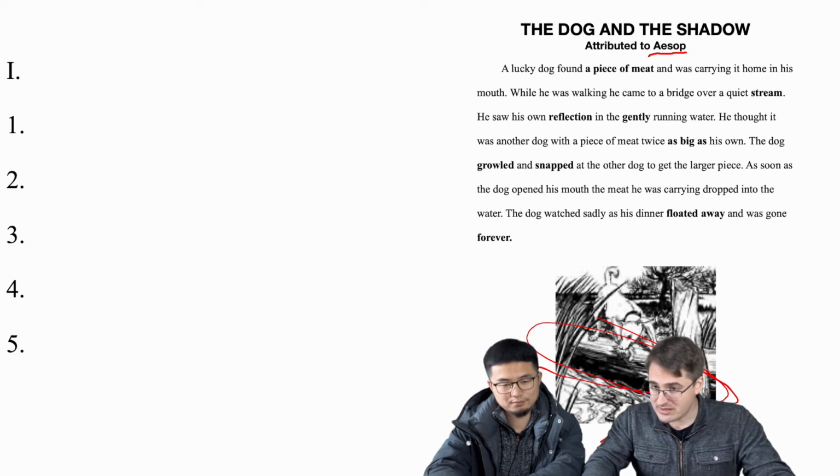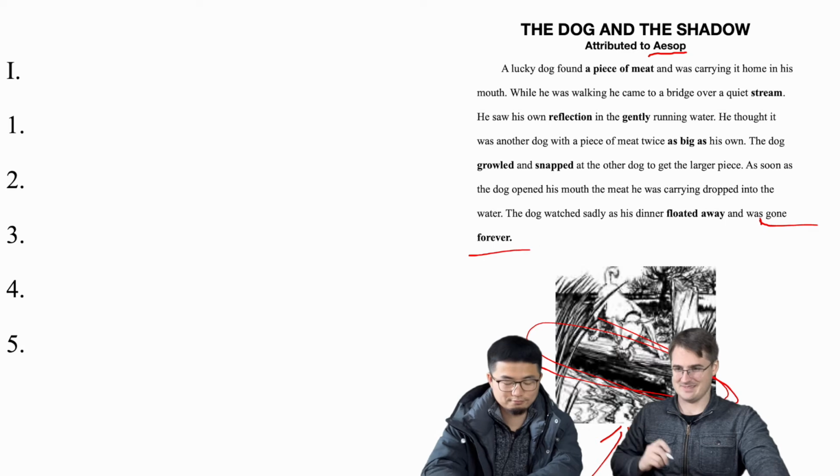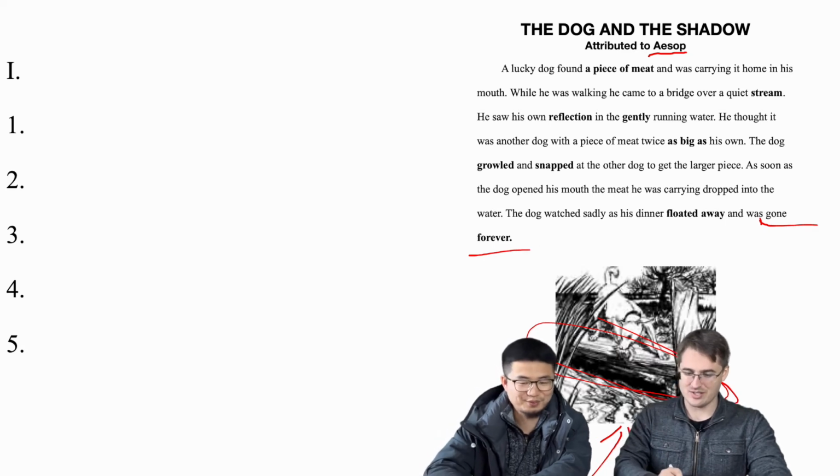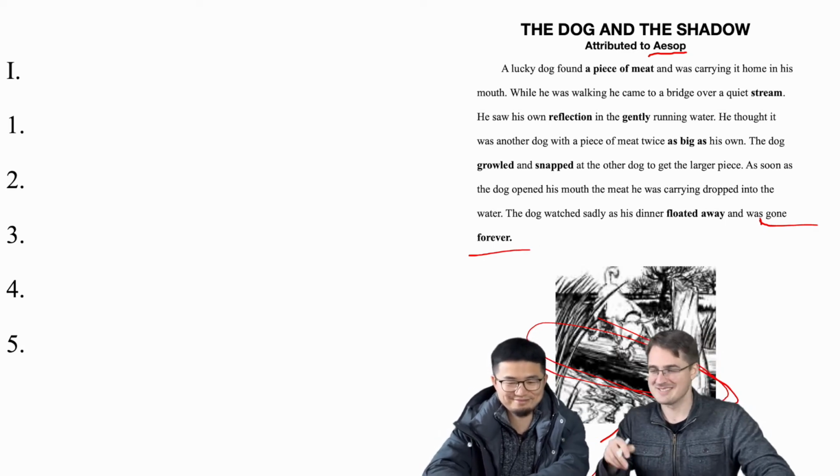As soon as the dog opened his mouth, the meat he was carrying dropped into the water. The dog watched sadly as his dinner floated away and was gone forever. Those are sad words. Gone forever.